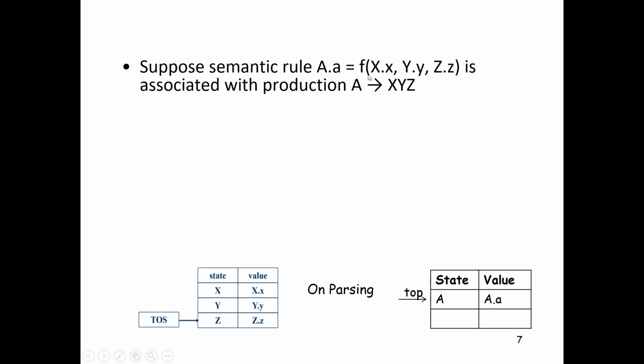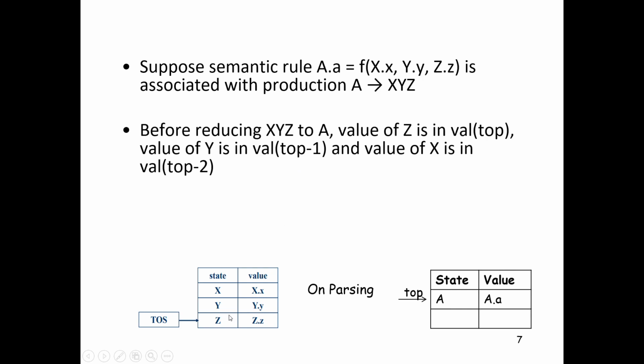Here f of x.x, y.y, z.x is defined as a semantic rule which can be used to compute the value for the attribute small letter a, which is a synthesized attribute. How we evaluate capital A's attribute small letter a using the stack is explained here.